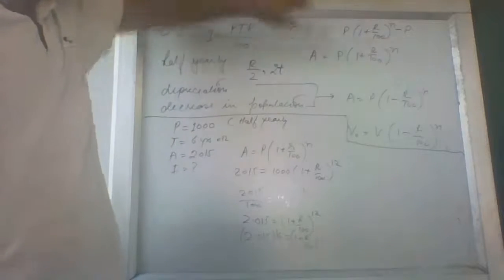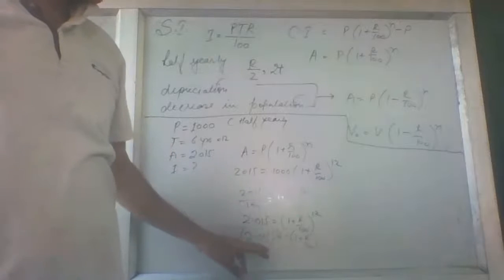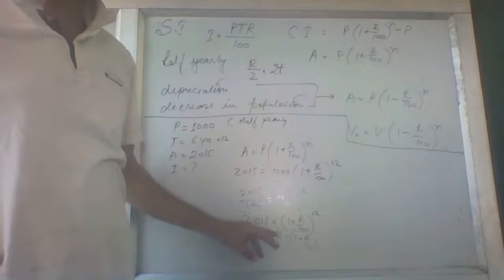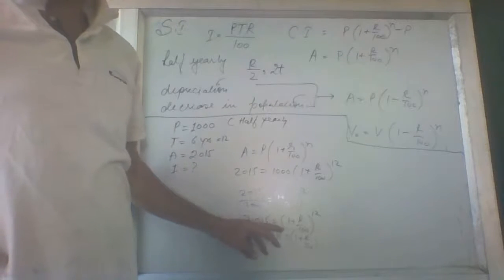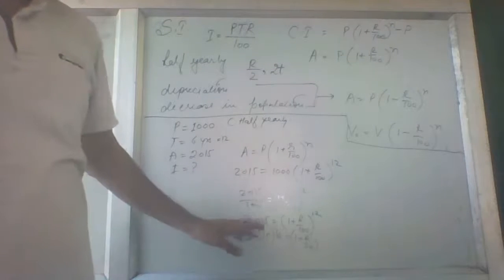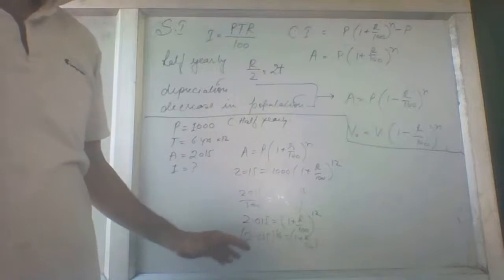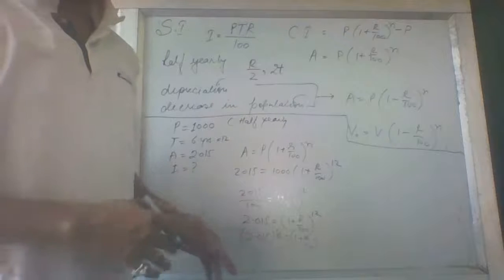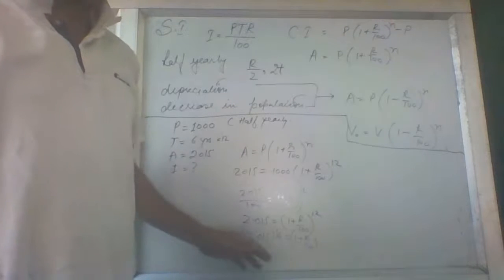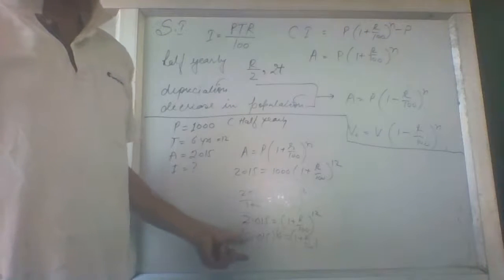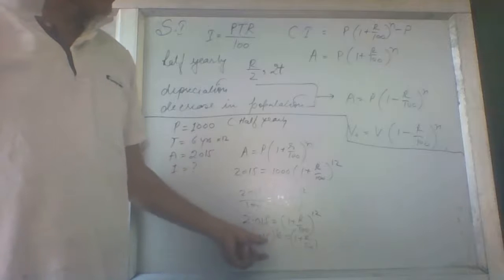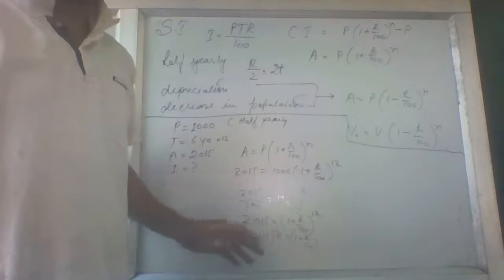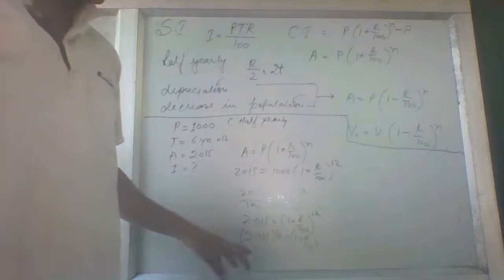Now, this is an unknown quantity and this quantity is known and its value is to the power 1 by 12. If we solve it by using the log, as the log is a new chapter coming ahead, or if you have a scientific calculator, you can solve it.